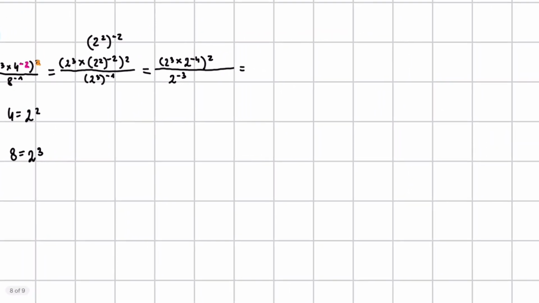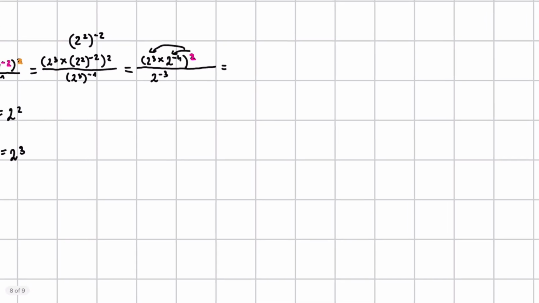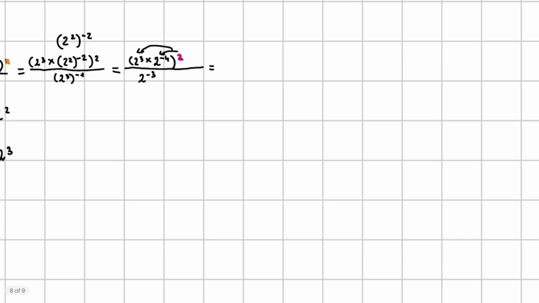This power corresponds to this and this. So our 2 to the power of 3 is also to the power of 2, and our 2 to the power of minus 4 is also to the power of 2.